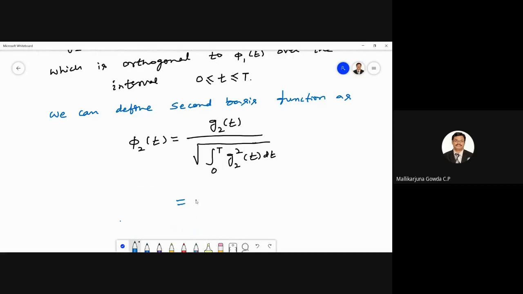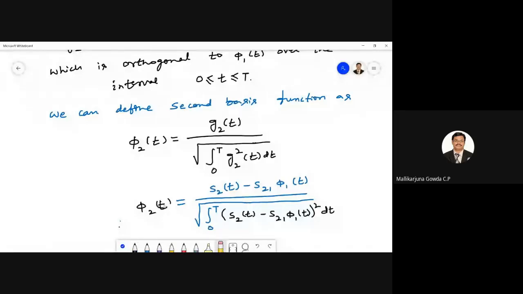I can write pi 2 of t equal to S2 of t minus S21 pi 1 of t, and similarly in the denominator, the square root of the integral from 0 to t of G2 square, where G2 of t is S2 of t minus S21 pi 1 of t, squared, into dt. I just substituted the value of G2 of t here.